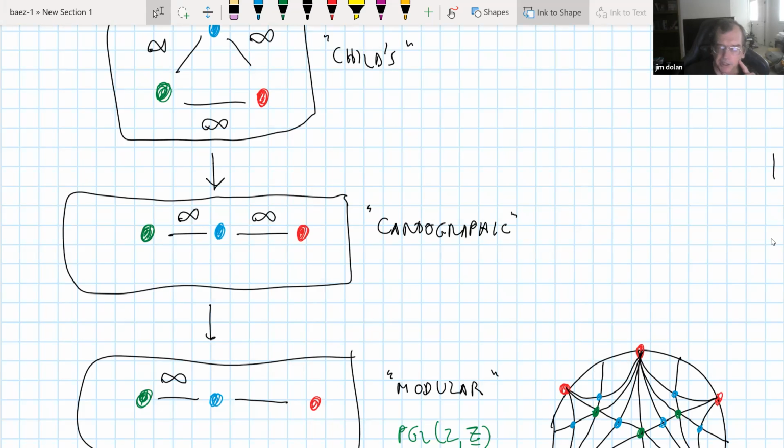Whereas Belyi's theorem says, so it works for any genus. Is that right? And it says that if it's defined over the algebraic closure of the rationals.